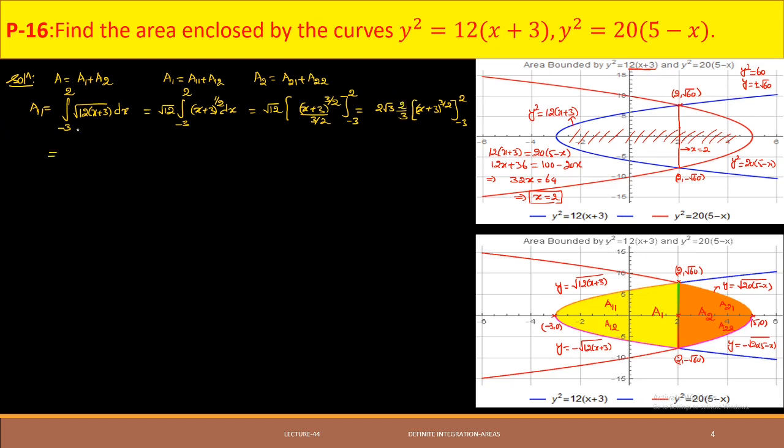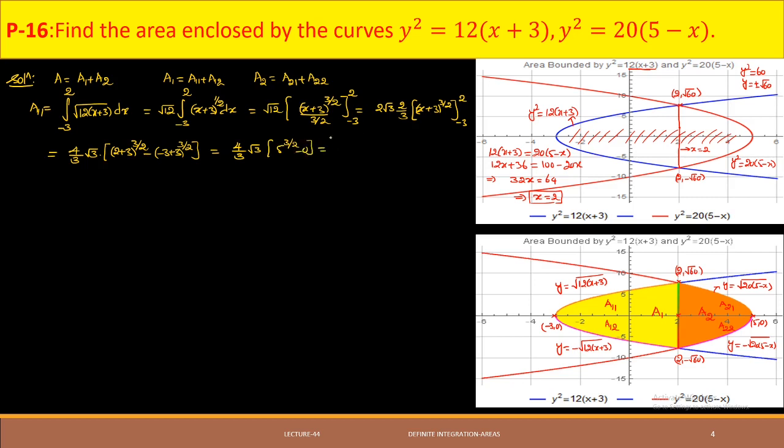So this is equal to 4 by 3 into root 3 into, now let me substitute the limits in that integral. So this is 2 plus 3 whole to the power 3 by 2 minus minus 3 plus 3 whole to the power 3 by 2. So that is equal to 4 by 3 root 3 into 5 to the power 3 by 2 minus 0.